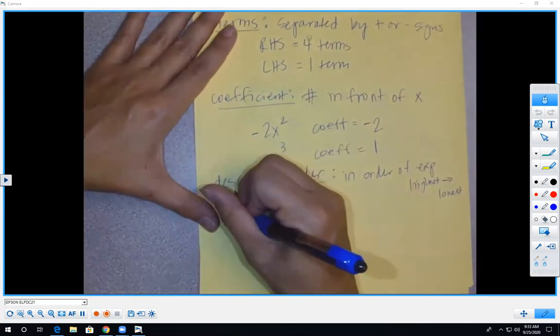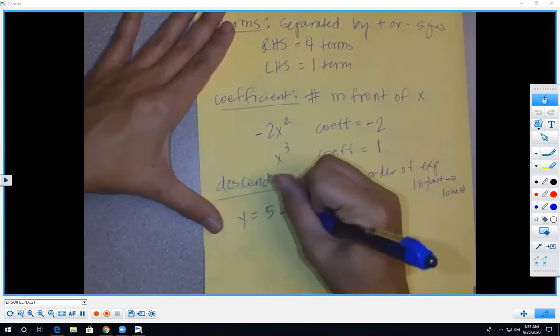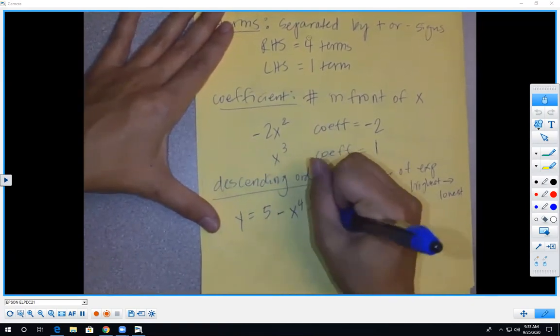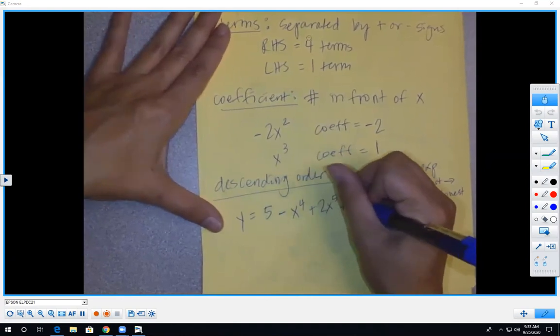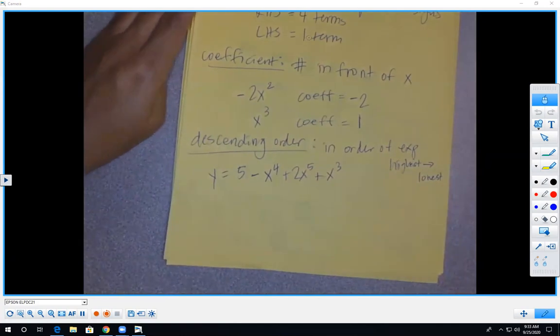So let me give you a problem and you put it in descending order. If I had y equals 5 minus x to the 4th power plus 2x to the 5th plus x to the 3rd, let's put that in descending order.